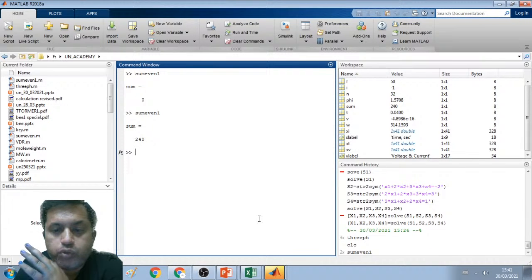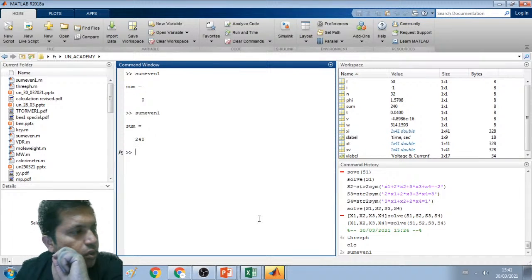So sum is equals to 240. We have to initialize n counter also.